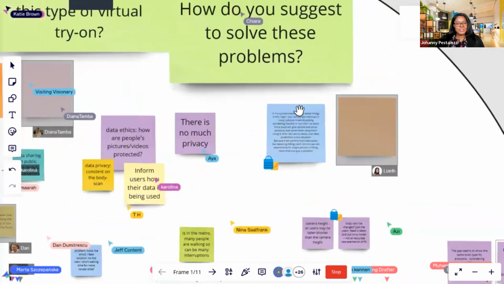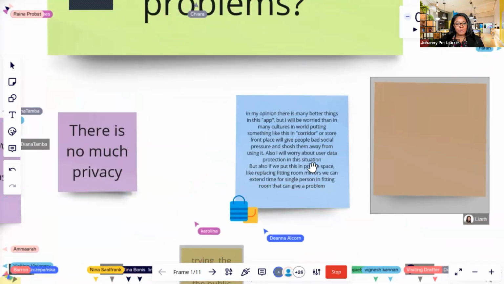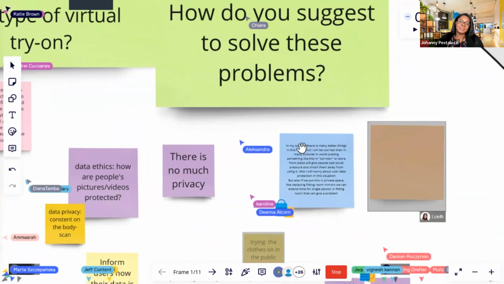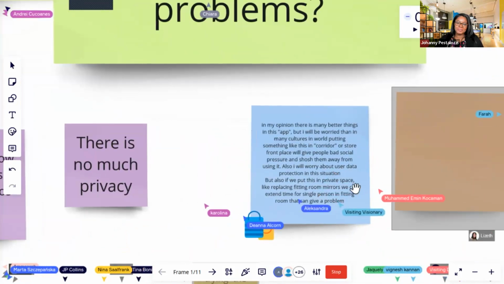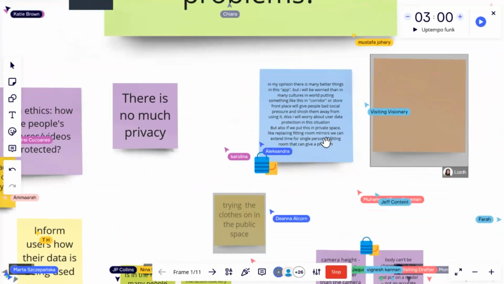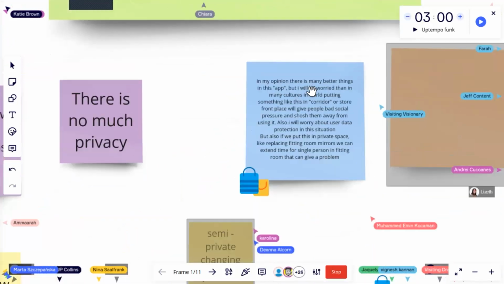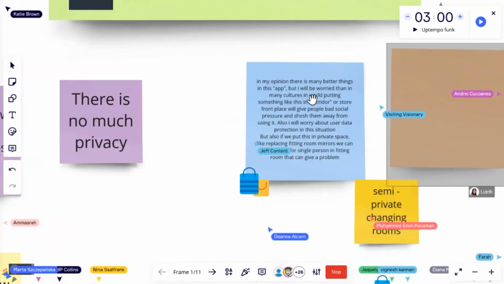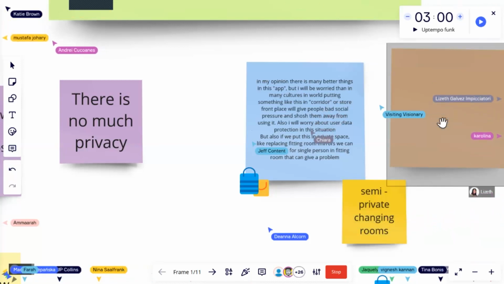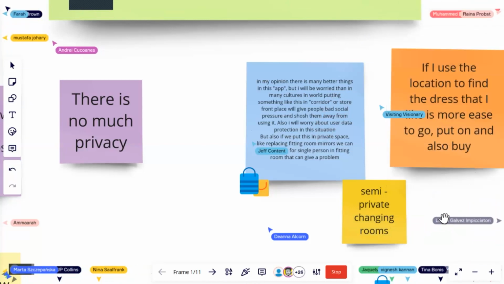Okay, perfect. So let's start with this sticky note. The person who wrote it, please unmute yourself and let us know what you wrote. Yes, I want to focus mostly on the end of what I'm saying, because something that worried me when I think about this whole application on the mirror-like screen was that it is bad to put this into public space, like many people in this conference are saying.